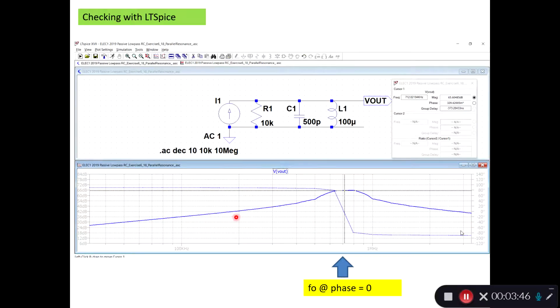The highlighted line is the magnitude in dB, and the dotted line is the phase shift.